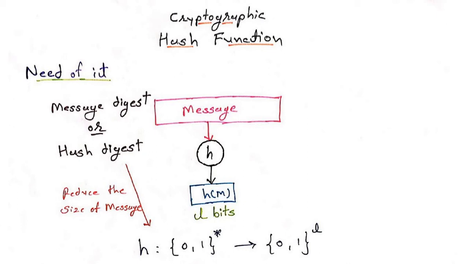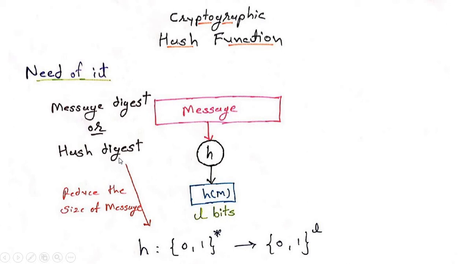There is a possibility that every time the message has a variable length. So every time the message requires a different length. To overcome this limitation, we invented cryptographic hash functions.